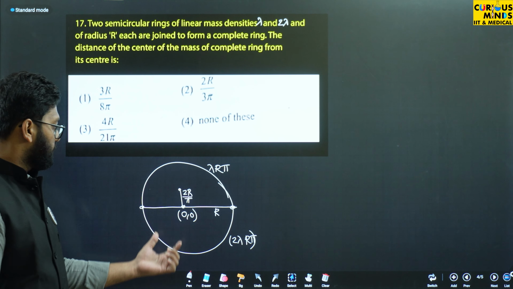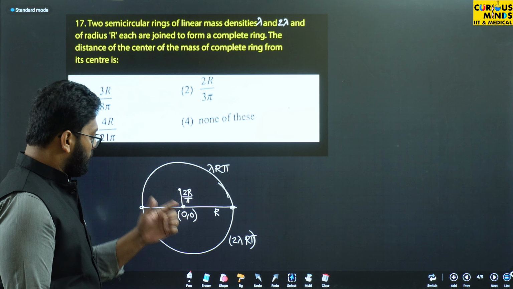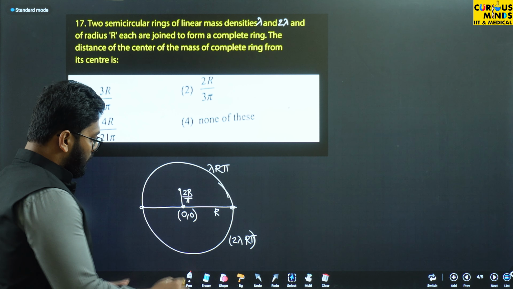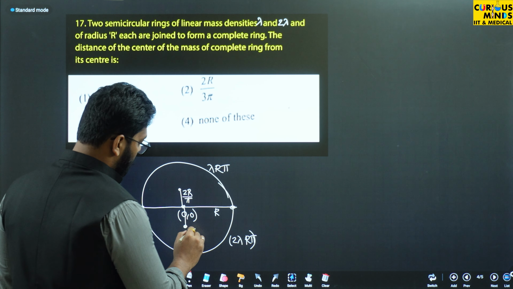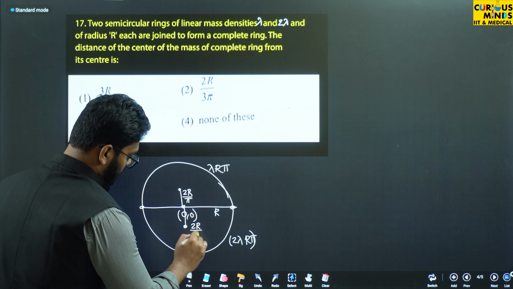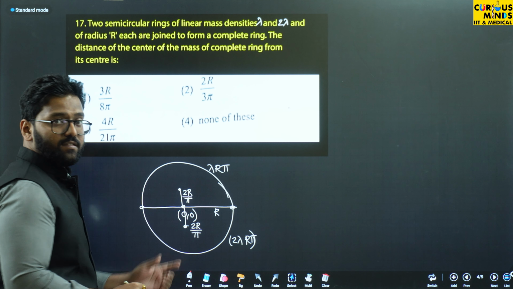Correct. So now where will be the center of mass for this? This is 2r by pi, and this one will again be 2r by pi, with a minus sign because it is downwards.